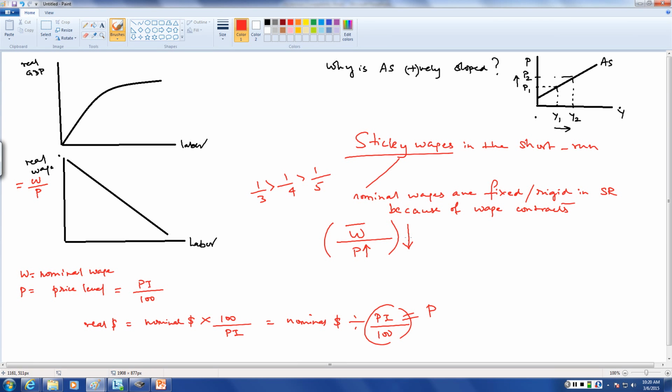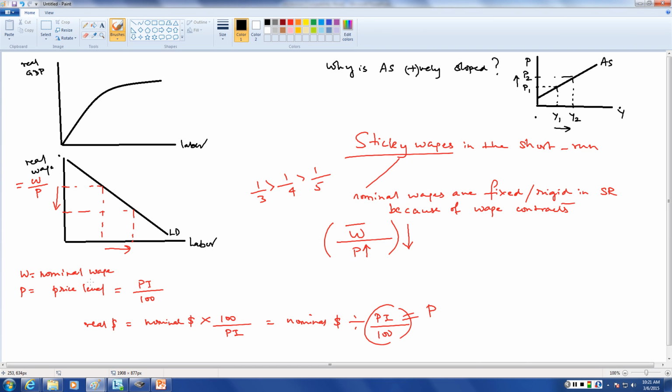Now, with the real wage falling from, let's say, here to here, what happens to the hiring of labor by businesses? Tell me. According to the labor demand curve that we have drawn here, the lower the real wage, the higher the quantity demanded of labor by firms. We've spoken about this before, correct?